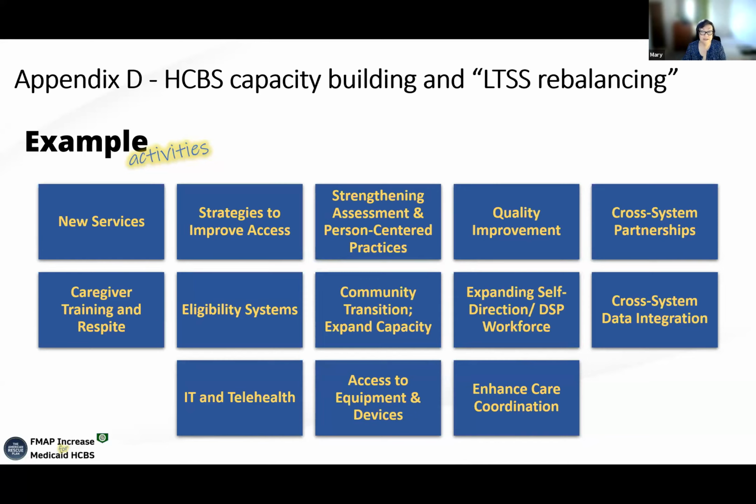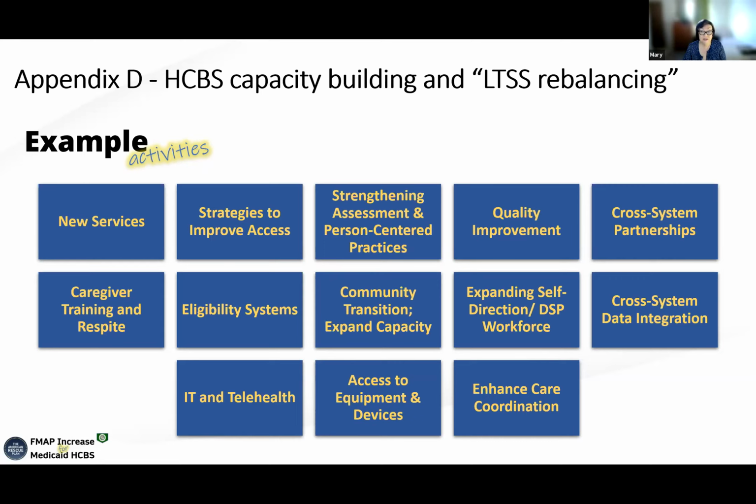The other example activity is investing in quality improvement and quality management, training on how to do quality management, upgrading critical incident management or AER systems, and overall advancing the quality of services.